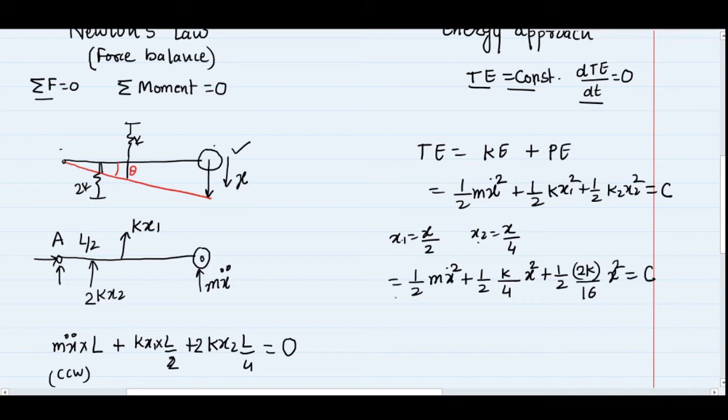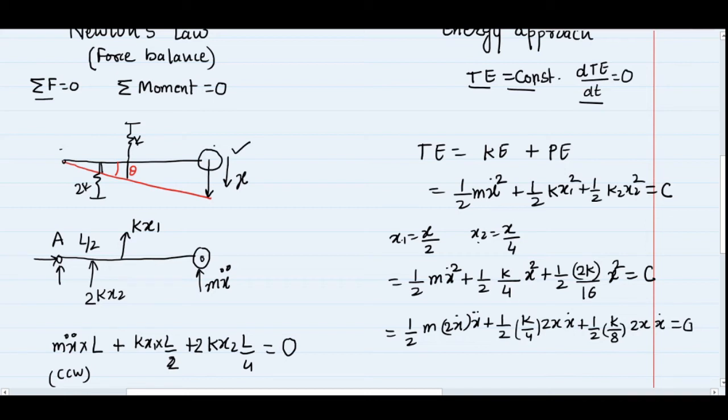Now when I do the differentiation with respect to time, my equation will become 1 by 2 m 2x dot x double dot plus 1 by 2, this k by 4 remains as it is, 2x x dot, plus 1 by 2, and it will become k by 8, 2x x dot is equal to 0.